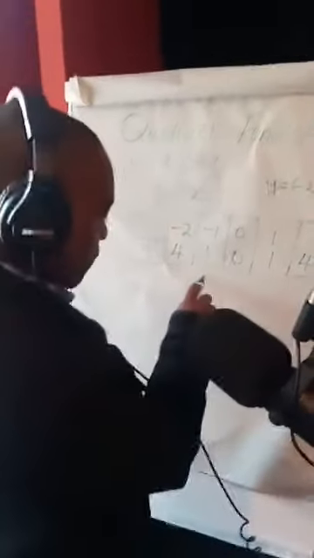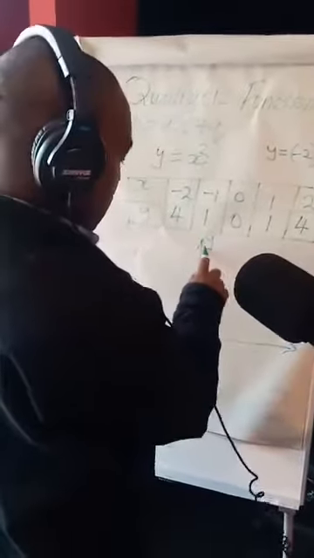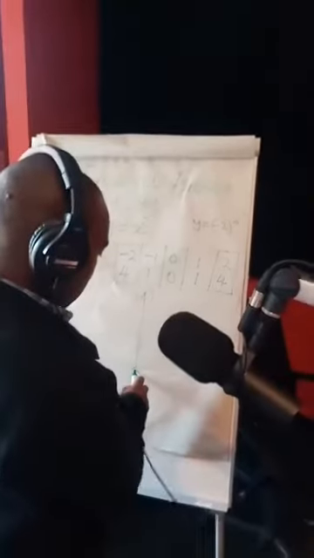Right, then we now have a table of values. Let's now put it on a Cartesian plane. Let's draw the Cartesian plane where you have your x-axis and your y-axis. Remember, the vertical axis is the y-axis and the horizontal axis is the x-axis. Make sure you label the axes, and let's put in the numbers.